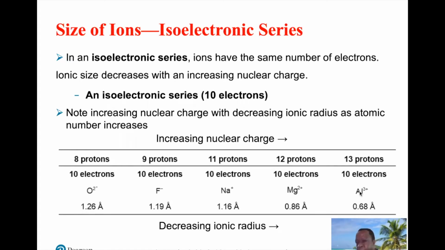So even without the numbers given here, I can use just the atomic number to conclude that the ionic size decreases with increase in atomic number.